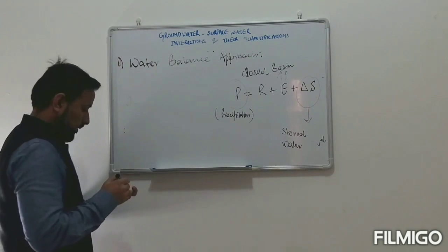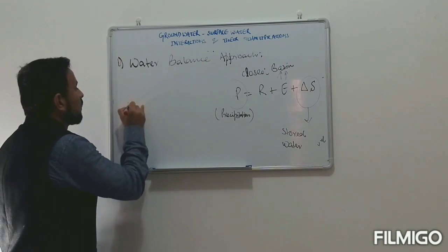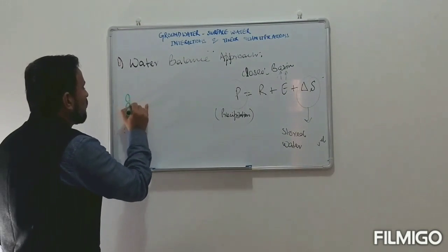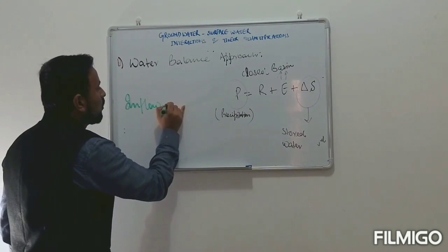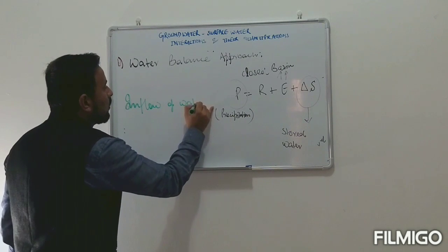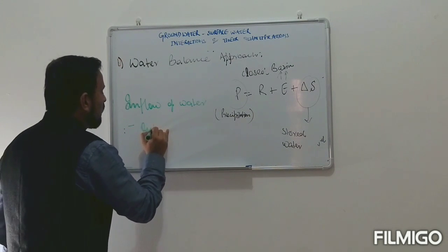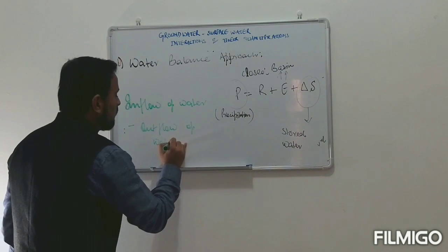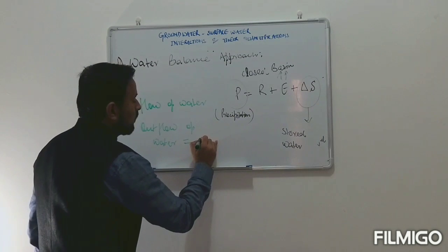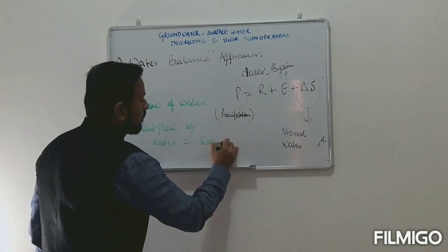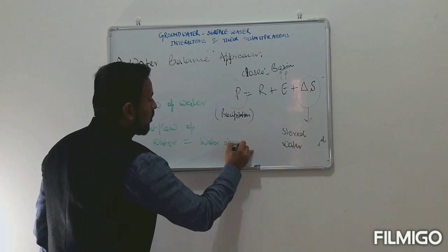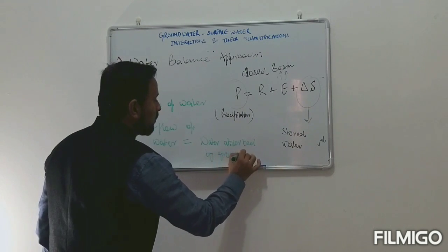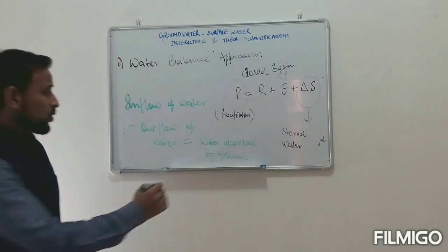Water coming in: inflow of water minus outflow of water is equal to water absorbed by ground, or soil.